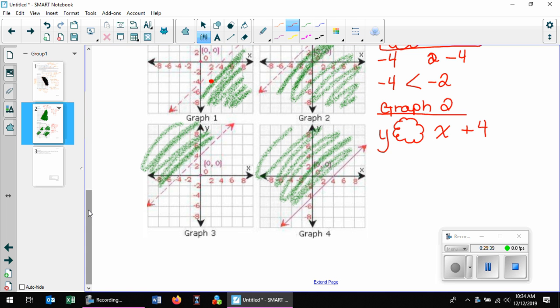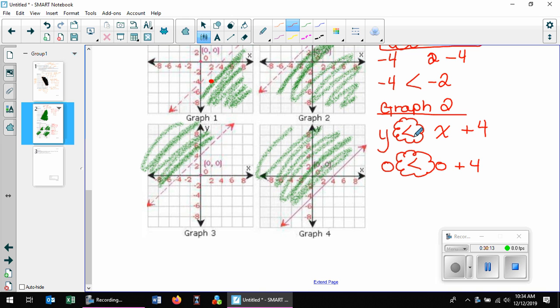So again, you pick a point in the shaded region, and you're all going to pick 0, 0, right? Perfect. So fluffy cloud. And so which way is the inequality going to go? So 0 and 4. So 0 is less than 4. So my inequality would be y is less than x plus 4.